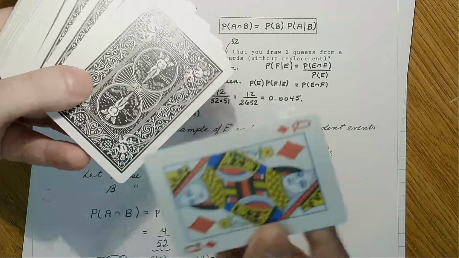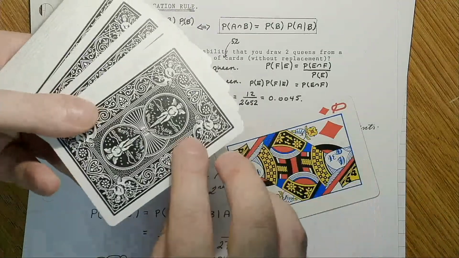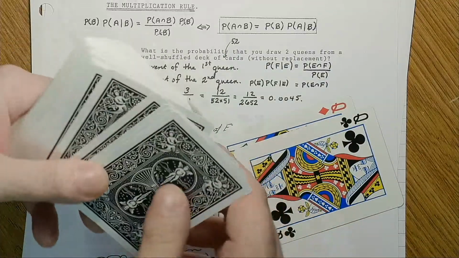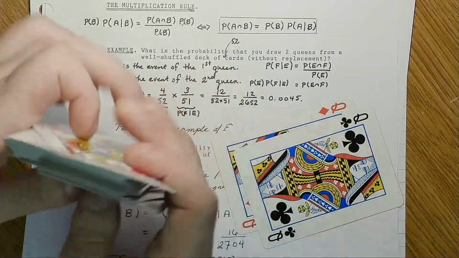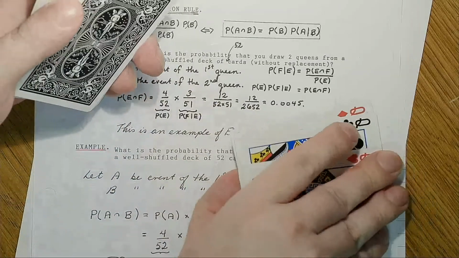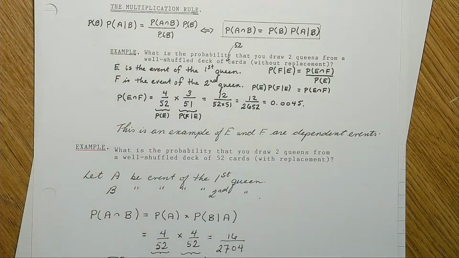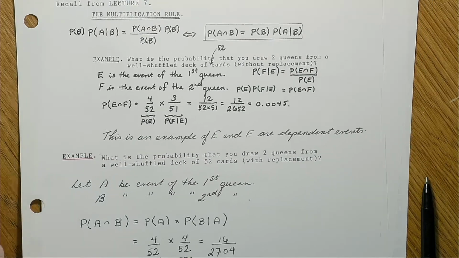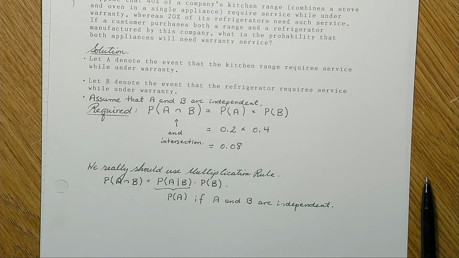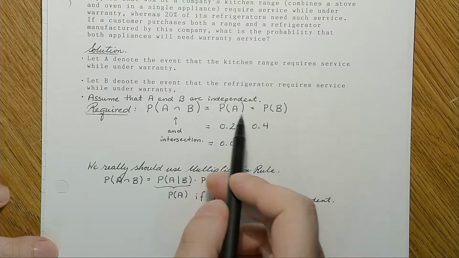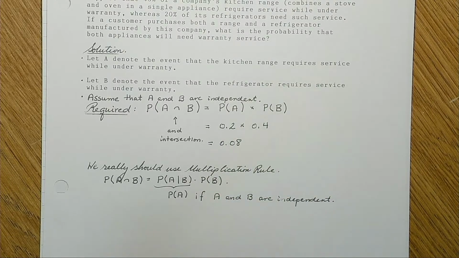I picked one queen, and now I have 51 cards. Here's another queen, and now I have 50 cards. So you can think of it as having no memory. In this case, the range doesn't affect what happens to the refrigerator.